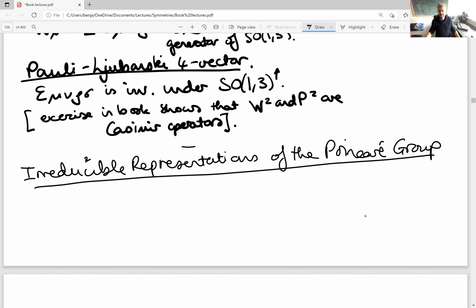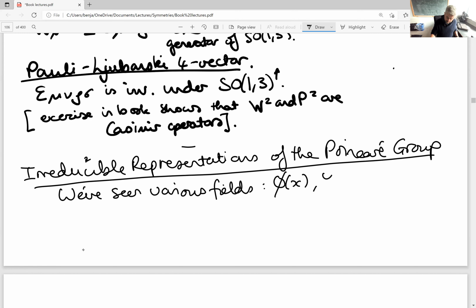So we've seen various fields during this course. There's the scalar field, we've seen the fermionic spinor field, which will be used for fermions, and we've seen spin 1 gauge bosons.